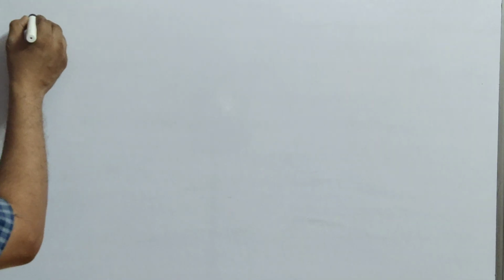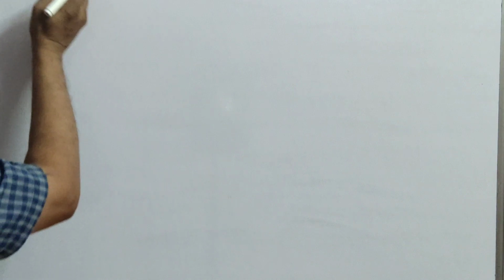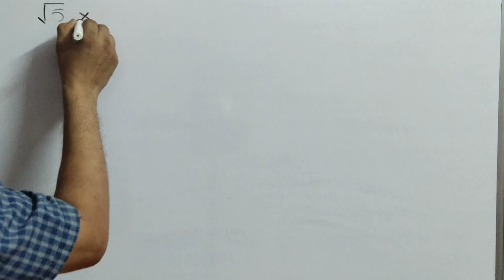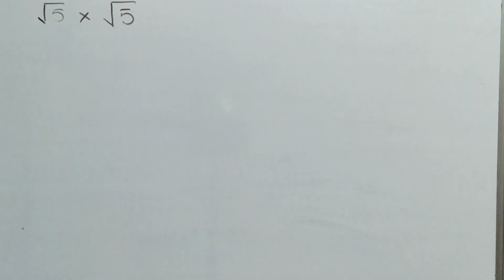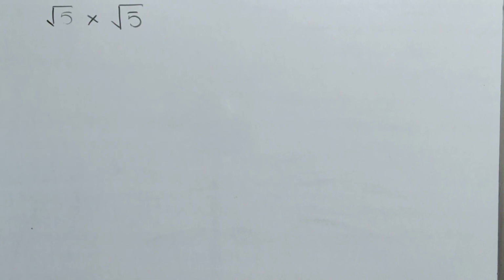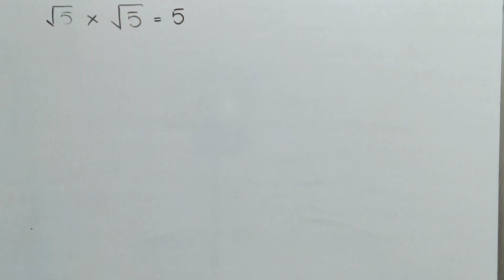Okay, children, see more examples here. Square root of 5 into square root of 5. That means root 5 into root 5, children. What is that? So now tell me, root 5 into root 5, in a very easy way. The answer you can simply write is 5.